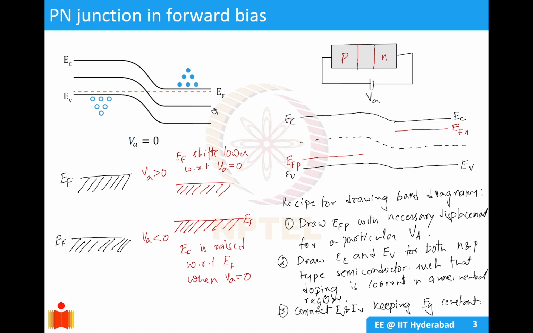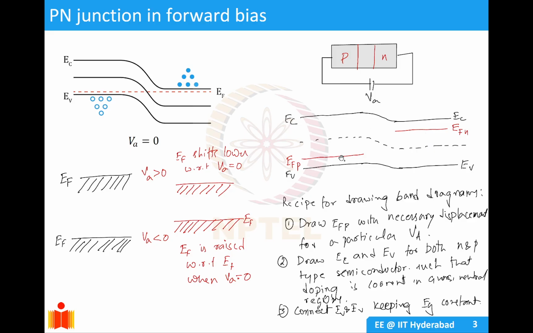When you apply a positive potential to the P side, the Fermi level here reduces with respect to the Fermi level here, and hence it brings the whole band down. So the band starts looking like this.